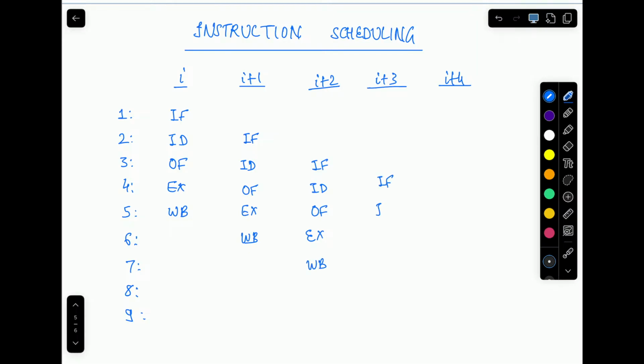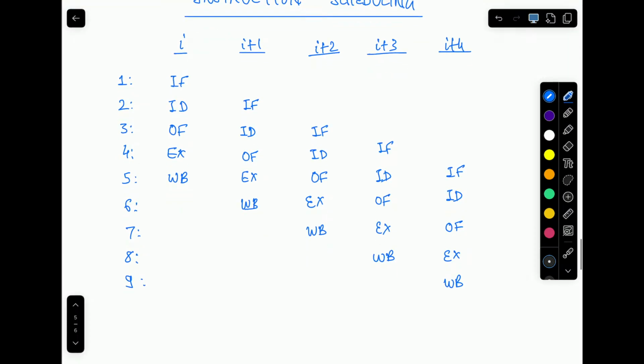So in 9 cycles, in an ideal scenario, I would have executed 5 instructions. Whereas if I executed them one by one, how many cycles would I need to execute these 5 instructions? 25, right? 5 times 5, 25.